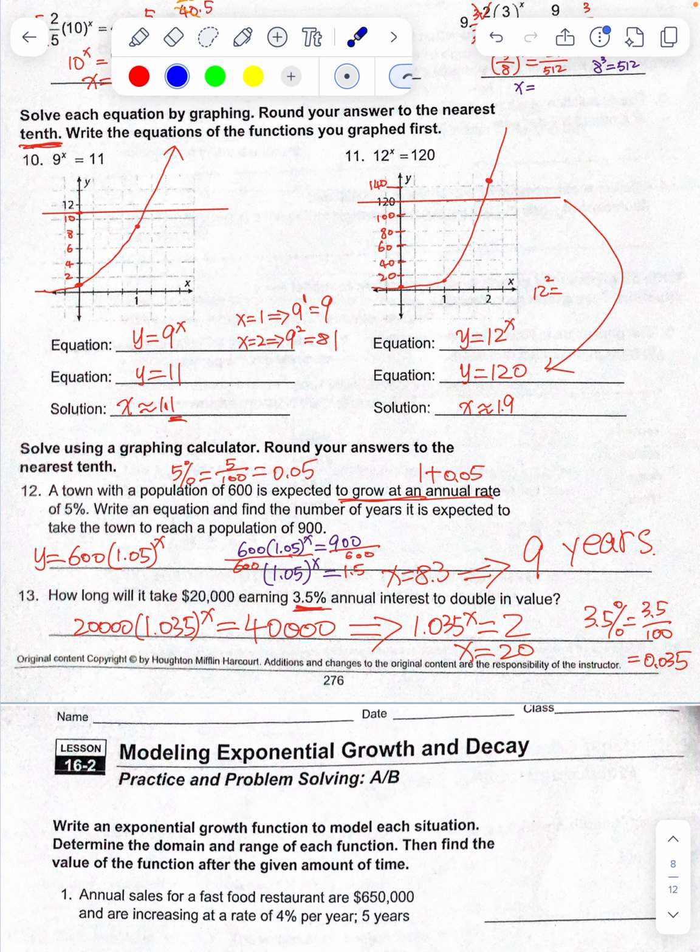Oh, but this is asking you to use a graphing calculator. So you can use decimals. I can't show you during the video recording at this point. But you do the graph and you can find the answer.